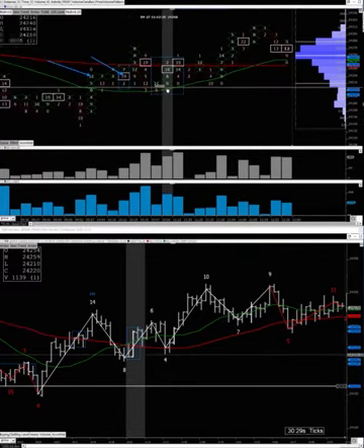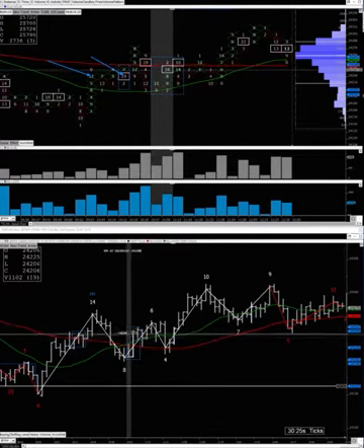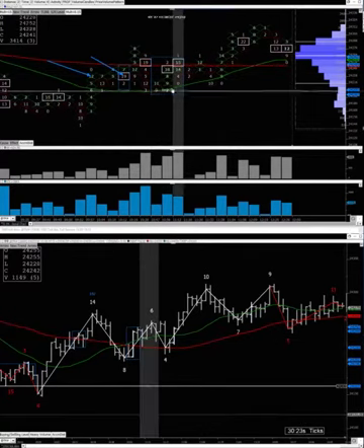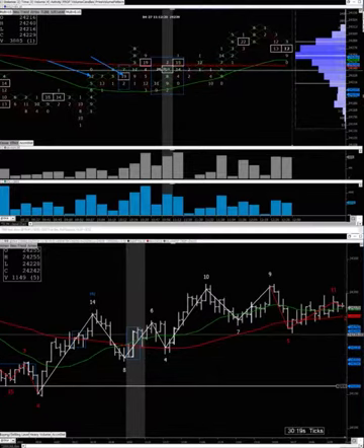Now take a look at that ease of movement in this bar, and at its corresponding point and figure. Look, 1,800 contracts traded on the reversal. Okay, 1,800 contracts.